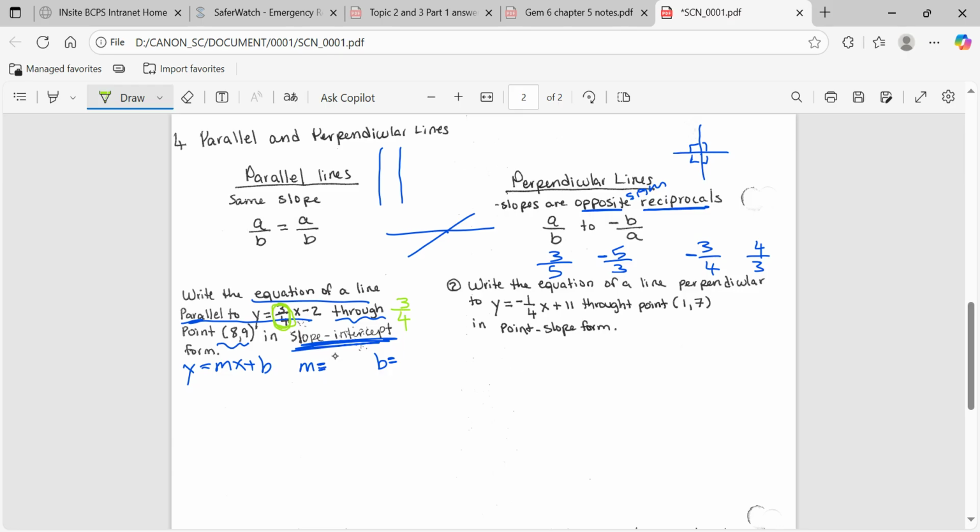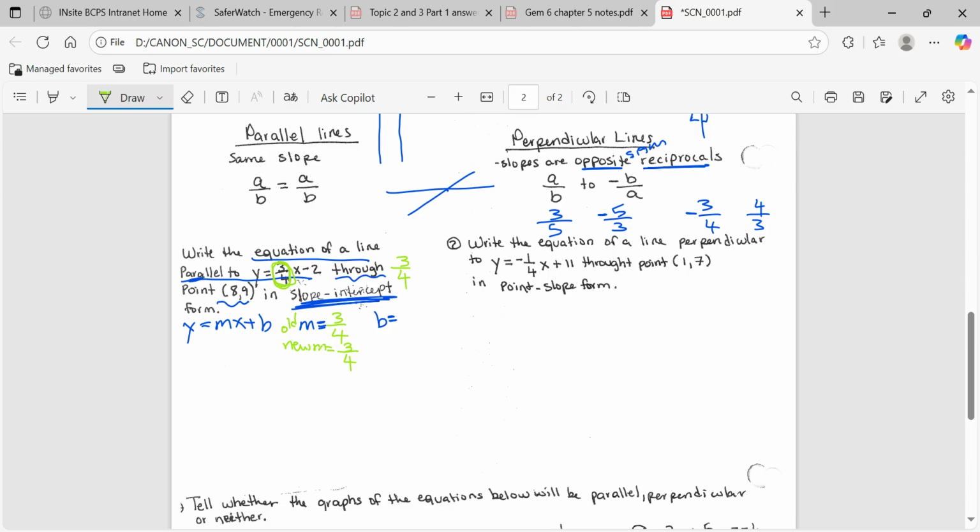Let me call this old and then new. My new line is still going to be 3/4 because they're the same. And the y-intercept I need to know. However, be careful. I don't want the y-intercept of that line. I want the y-intercept of the line that goes through that point.